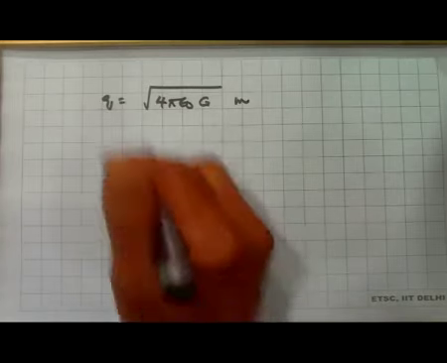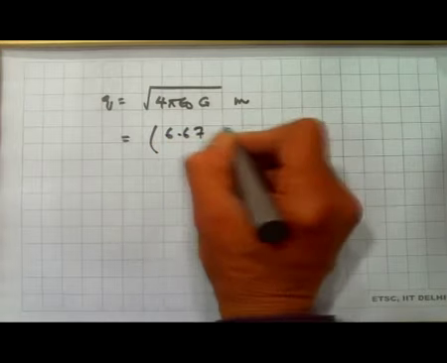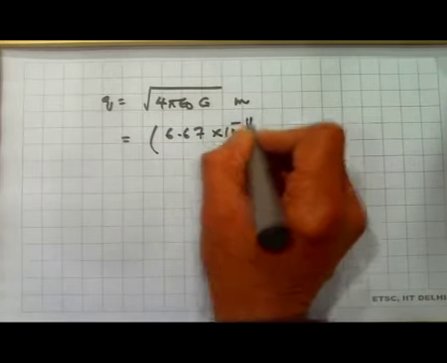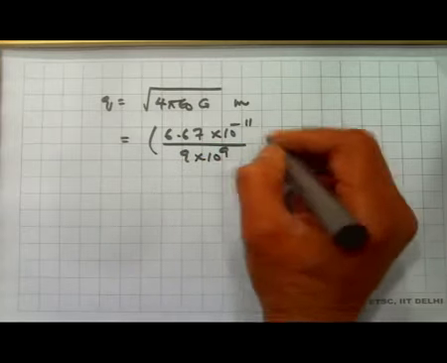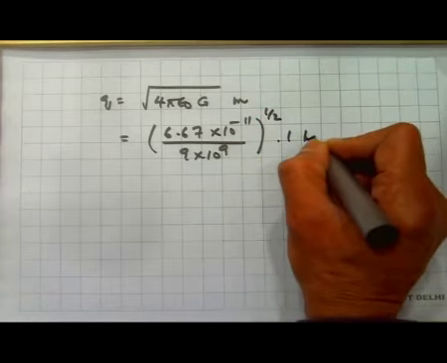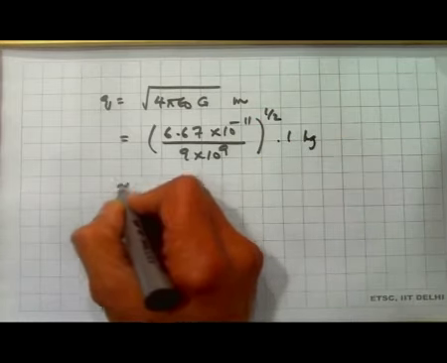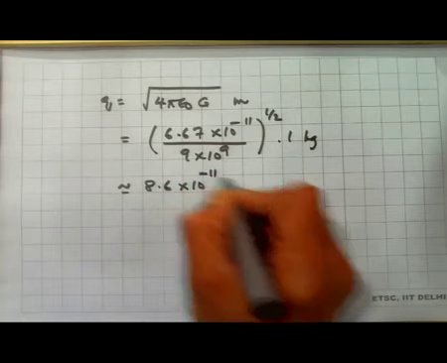So, because we have taken 1 kilogram mass, this is 6.67 10 to the minus 11 divided by 9 into 10 to the power 9, raised to the power half, into 1 kilogram, and that is about 8.6 into 10 to the power minus 11 Coulomb.